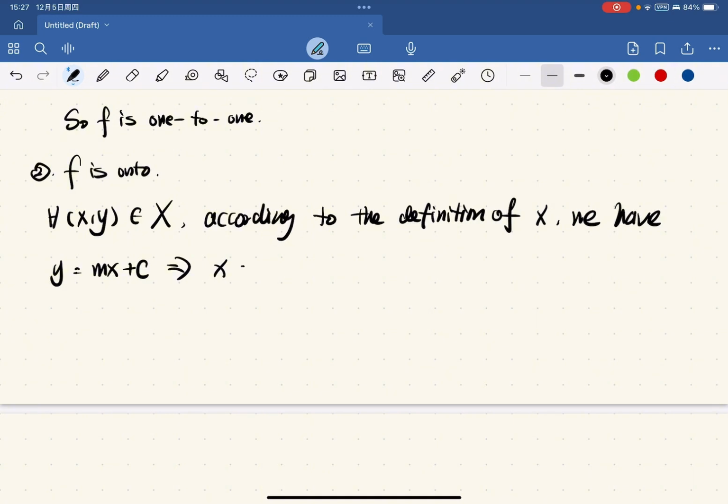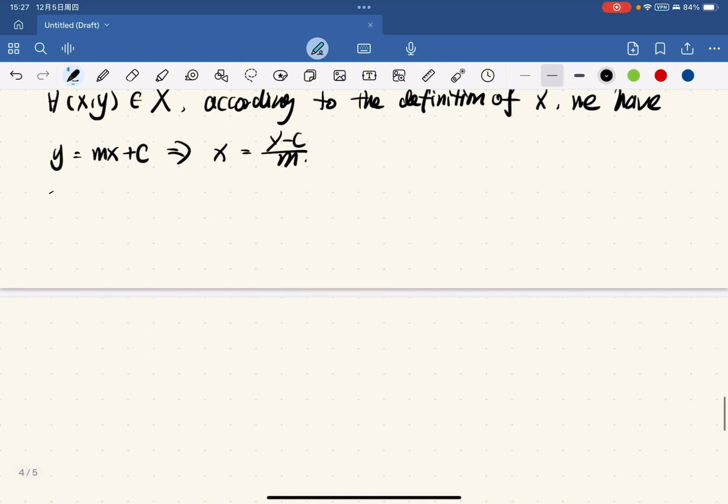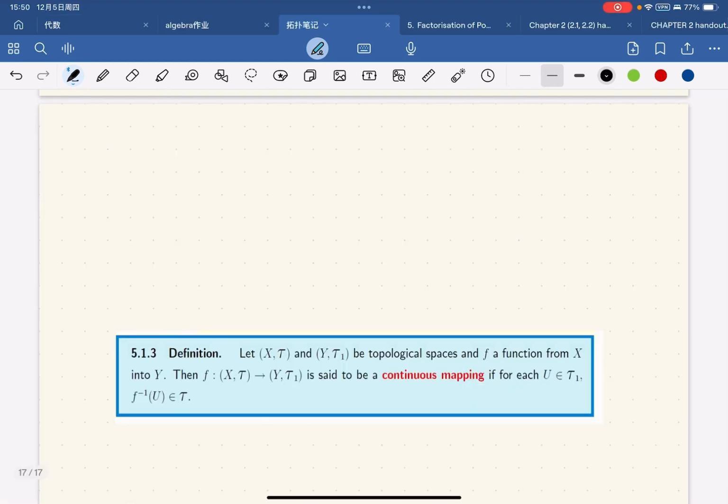We have x equal to this one. So f is onto.